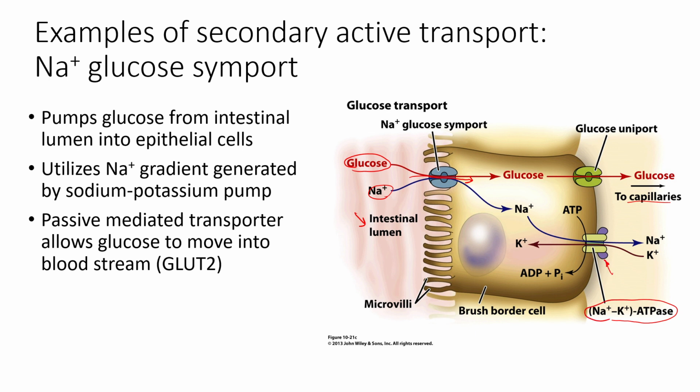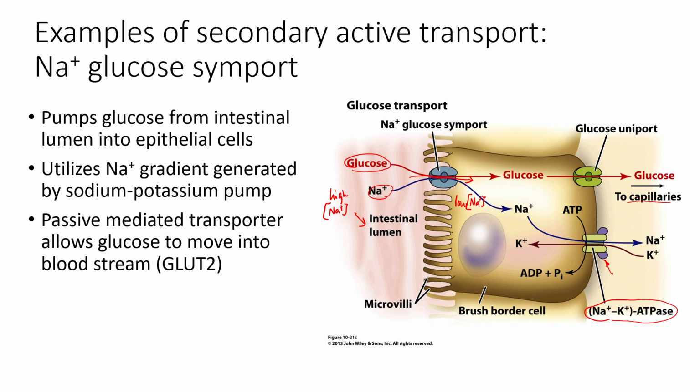Sodium-potassium ATPase, as we already know, is working very hard to pump sodium out of the cell, which creates this very nice sodium gradient where we have lots of sodium outside of the cell and not very much sodium inside of the cell. And so in the symporter, the sodium is going to be happy to travel down its gradient. And at the same time, it's going to bring with it the glucose molecule. So this energy that's being recovered by dissipating the sodium gradient is going to be what helps glucose also travel through this symporter along with the sodium.